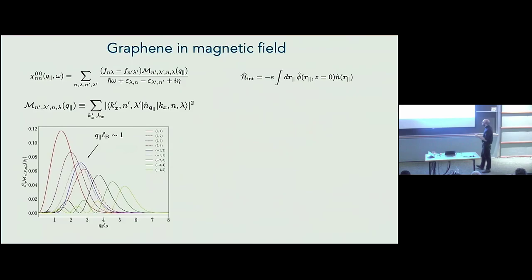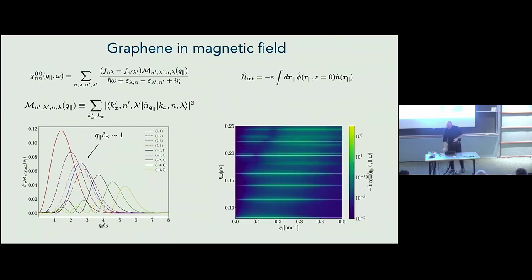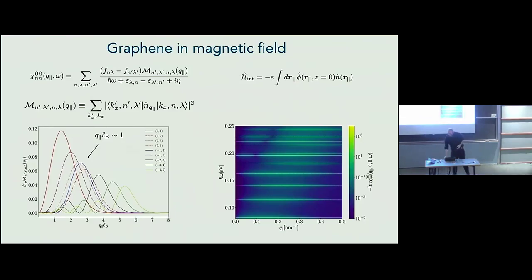And here we plot this density operator as a function of QLB, and the only thing that is very important here is that all these peaks correspond to QLB roughly 1. And this is chi, so the imaginary part of chi, and here you see the excitation associated with Landau levels, and you can see that they are flat. And the intensity is really given by this matrix element.